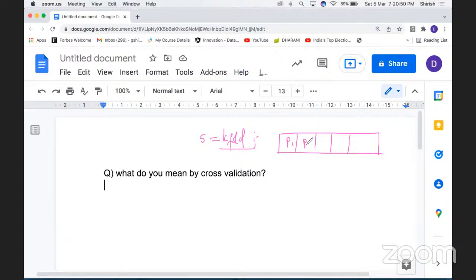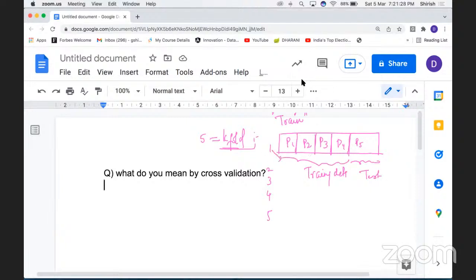Only the training data set will be divided into 5 different parts, so 5 folds, and it will run for 5 iterations. In the first iteration, the first 4 sets will be taken as training, and it will be tested on the corresponding leftover one.